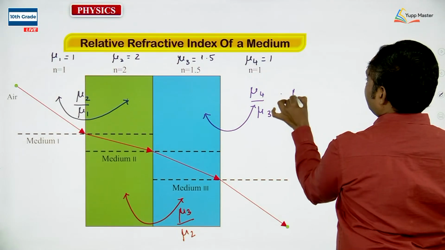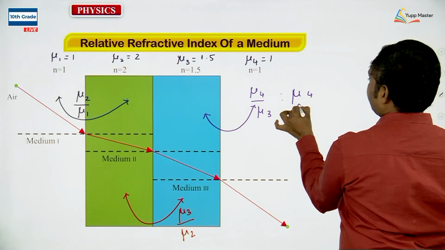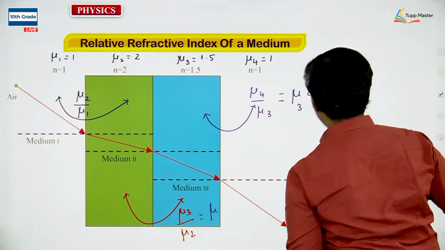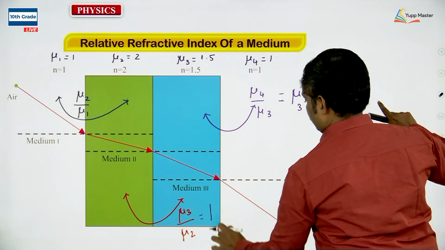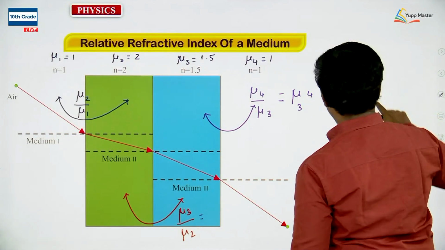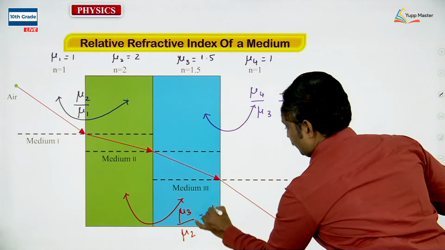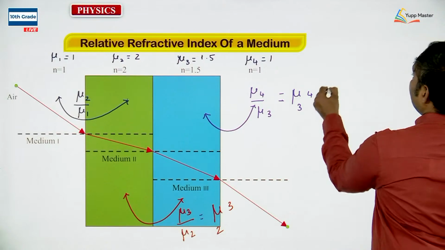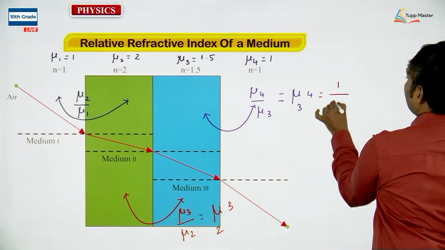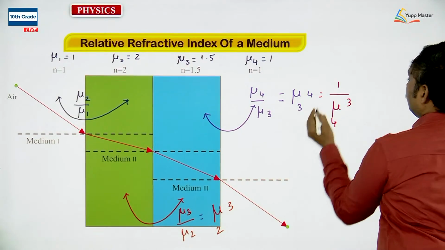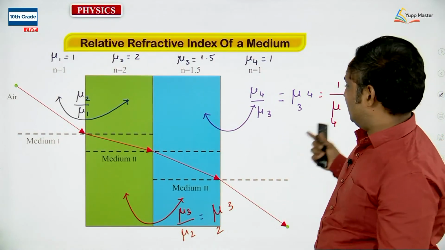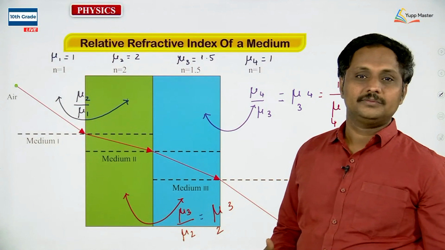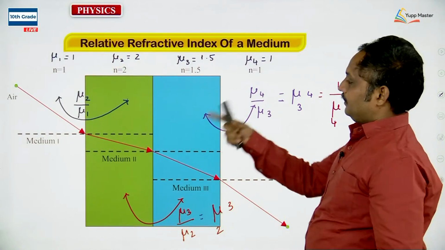It has been identified in the form of an expression, mu 3 2. Sometimes you can write 1 by mu 3 4 also. You should take the reciprocal. Generally, sometimes they represent it in reciprocal also. It is very clear.